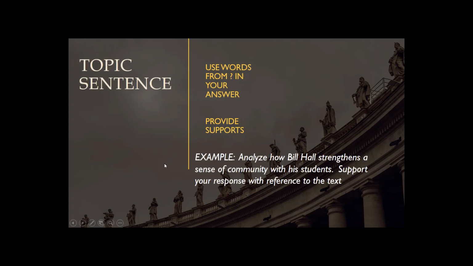When you're answering the question, it's a good idea to use the words from the question in your answer. So analyze how Bill Hall strengthens a sense of community. You would say something like, Bill Hall strengthens his sense of community by doing such and such. So use the key words from the question in your topic sentence. And then it wants you to support them.